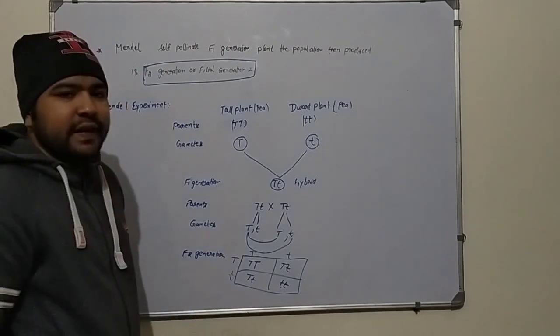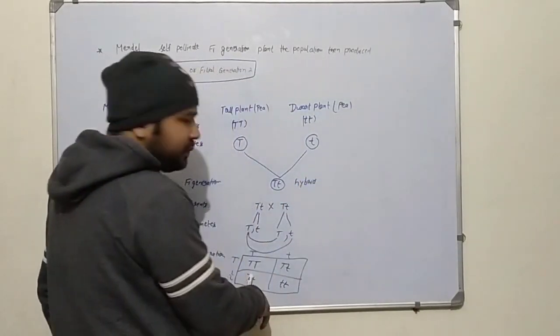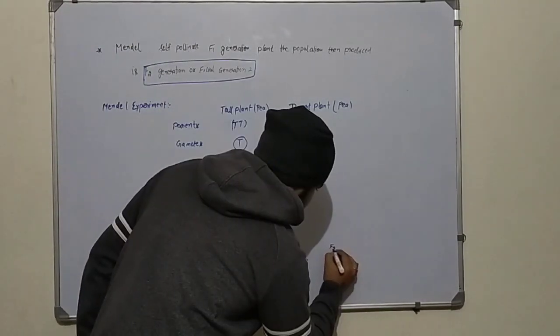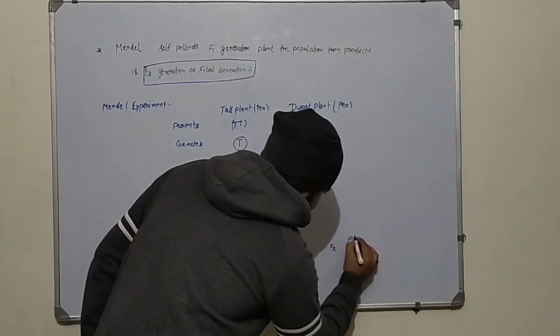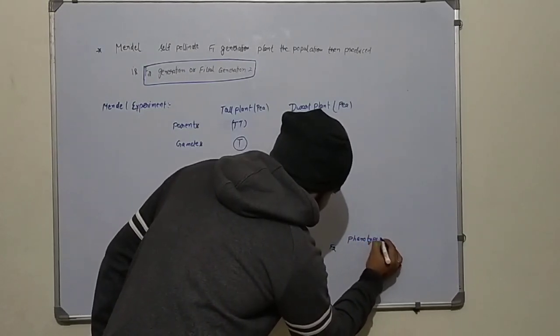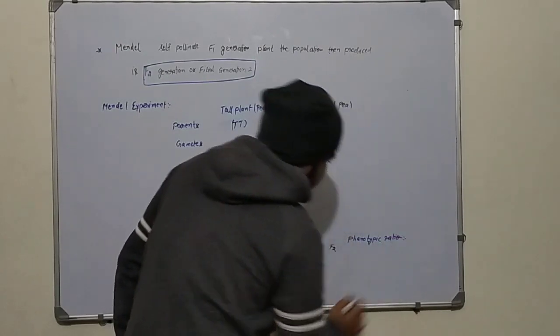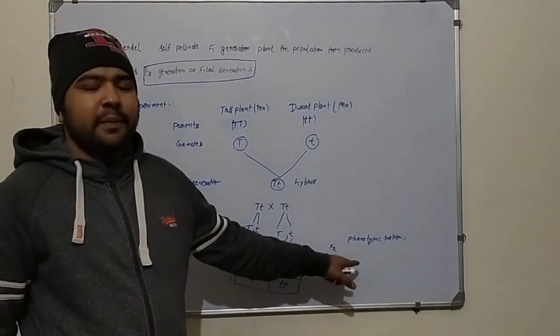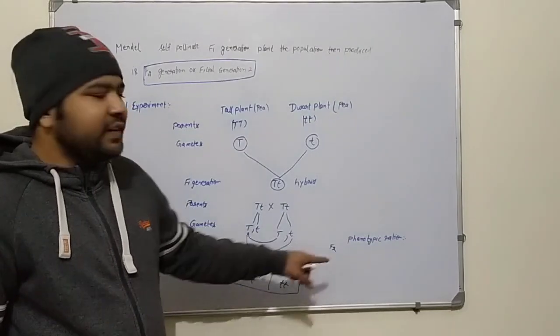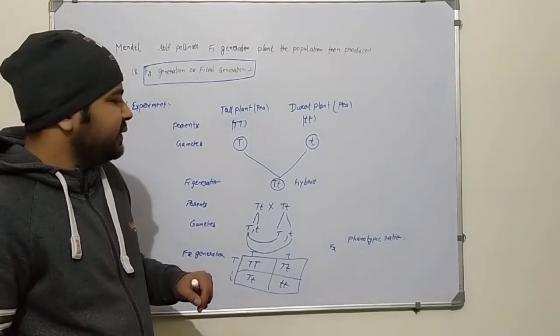If we see the phenotypic ratio of this population, phenotypic means the outer characters which are observable. These are called phenotypic characters.